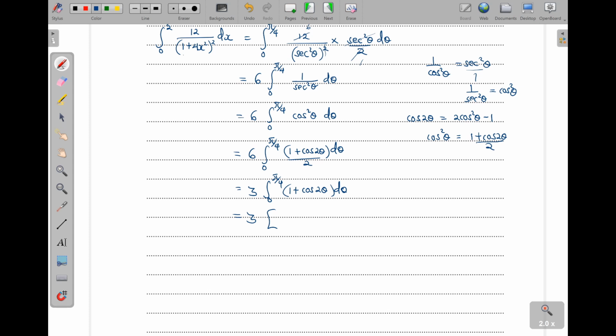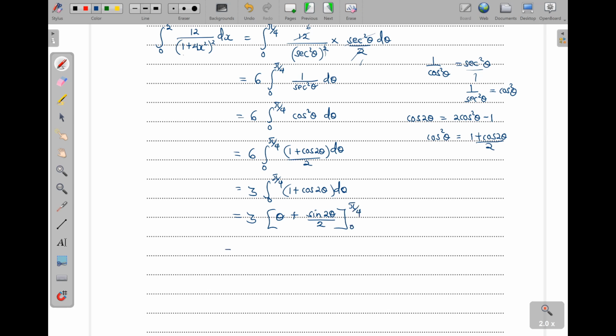When you integrate 1 with respect to theta, you'll get theta. When you integrate cosine with respect to theta, you'll get sine theta. So we shall get sine 2 theta, but then we differentiate this angle and divide it in here. For integration, we divide. For differentiation, we multiply it all through. Then this is from 0 to pi over 4.